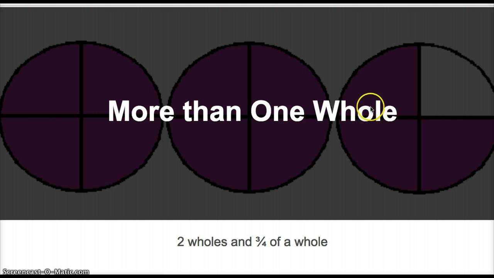Now we have a circle that's cut into 4 equal pieces, and we're only using 3 of the 4 pieces. So we have 2 wholes and 3/4 of another whole.